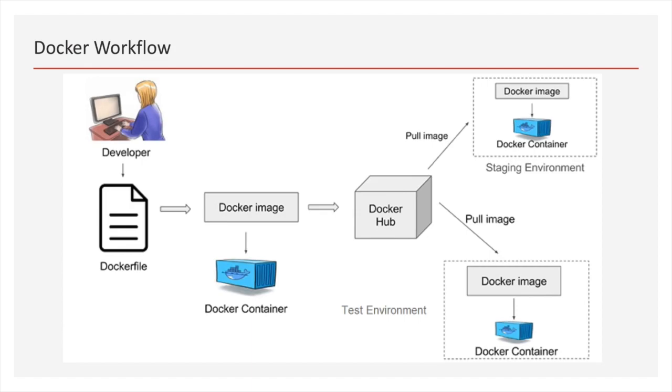Firstly, the developer creates a Dockerfile which incorporates steps to create a Docker image. A Docker image is a package that has all the required application and its dependencies to run the application. When we run a Docker image, it creates a new instance which is nothing but a Docker container. Hence, Docker containers are nothing but runtime instances of a Docker image.